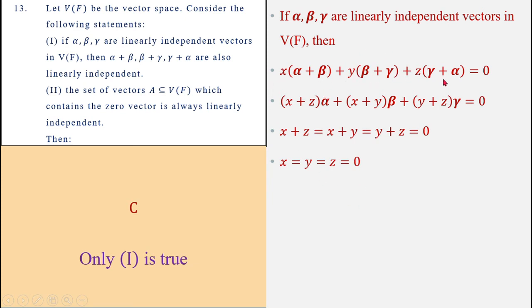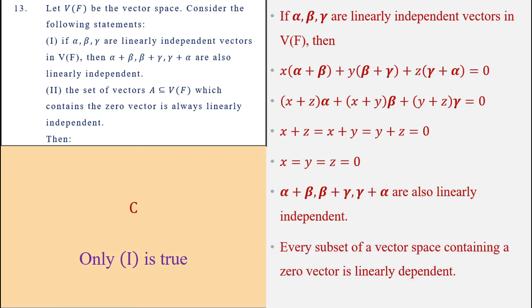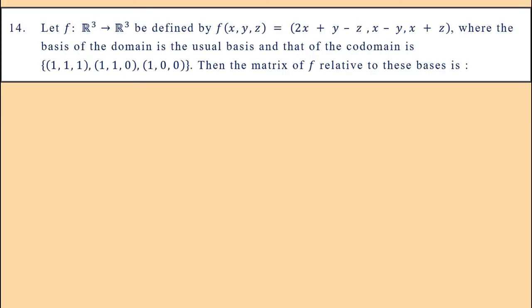This shows that these three vectors are also linearly independent. So the first statement is true and the second is obviously false. Every subset of a vector space containing a zero vector is linearly dependent, it cannot be linearly independent. So the second is false, only the first is true. So the option is C.